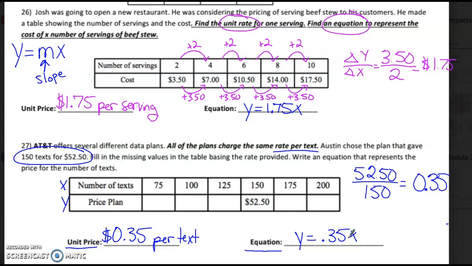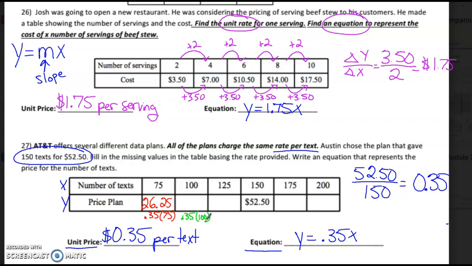For the price, 0.35 times 75 is going to give us what we need to put in our table. So for 75 texts, it's going to cost $26.25.